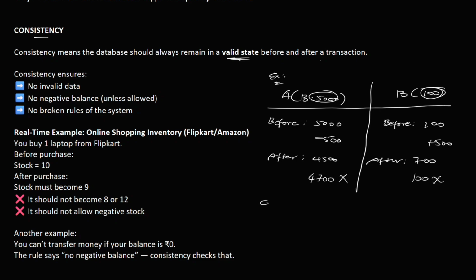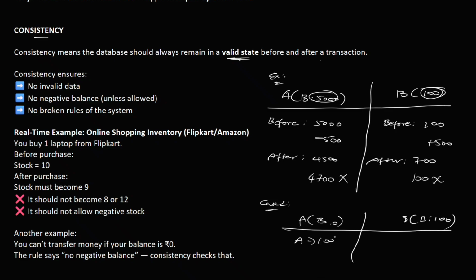There is another case. Let's say A has a bank balance of 0 and B has a bank balance of 100 rupees. A doesn't know that he has no balance in his account, so he tries to send 100 rupees to B. But an error message is displayed: insufficient balance. Why? Because of consistency only it will display that there is insufficient balance, you can't transfer it.